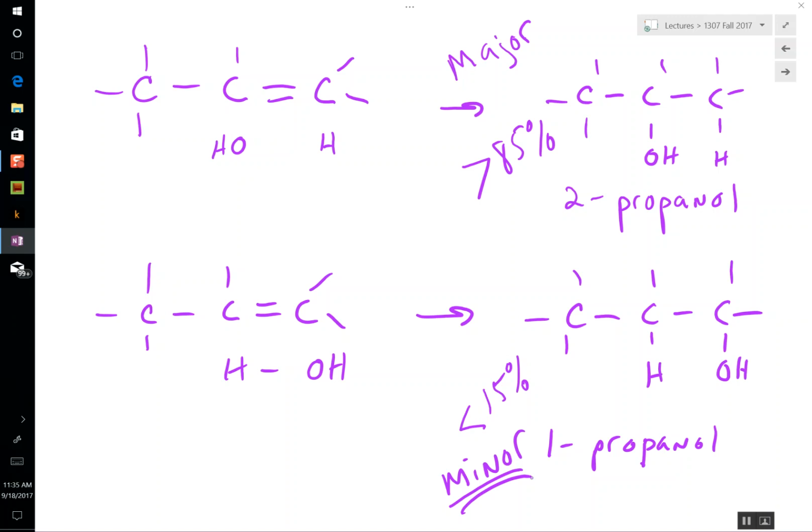But now, even before we ever get to the question of why, Markovnikov didn't know why either, but he started wondering, is there any way I could predict, if you gave me a whole new alkene, and you said, okay, I'm going to hydrate this alkene, what do you think will be the major product? Can I figure that out? So he hydrated lots of different alkenes, and he came up with Markovnikov's rule.